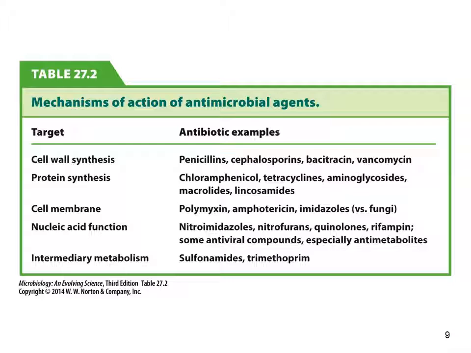We don't make our own folic acid. We lack the enzymes required to take PABA, which is the substrate for the reaction, and make folic acid. So we as humans require to get that either through our diet or through supplements. Bacteria have the enzymes to make folic acid.